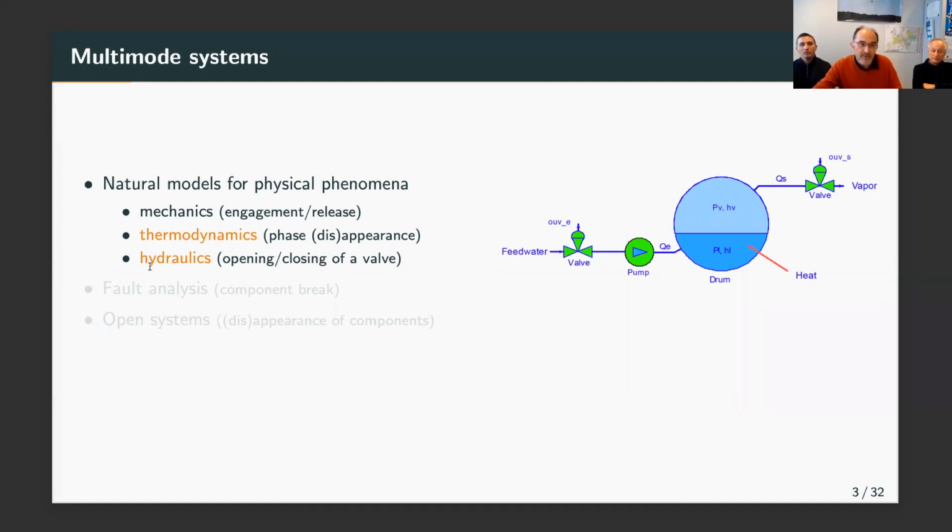You also have multi-switched dynamics when you are modeling circuits, such as hydraulic circuits or electrical circuits, because you want to capture instantaneous switchings, either of the electrical circuits or opening or closing valves.